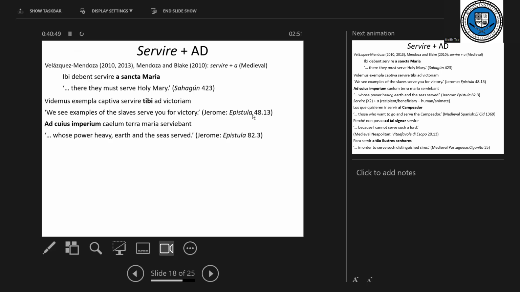Servire normally takes a dative object, so "servire tibi" is the standard usage. However, there is an example that goes like this: "ad cuius imperio serviebant". So the heaven and earth and the seas might serve whose empire, or whose domain. So yes, servire definitely takes ad.